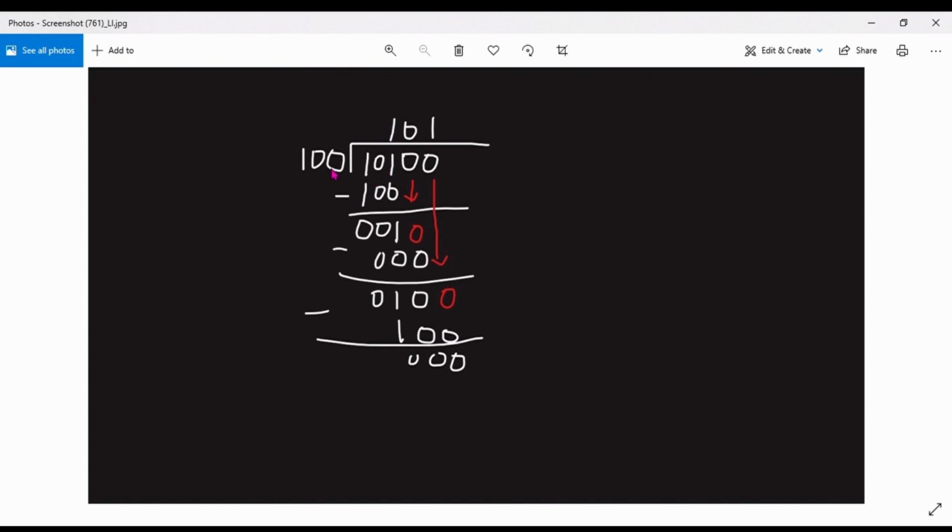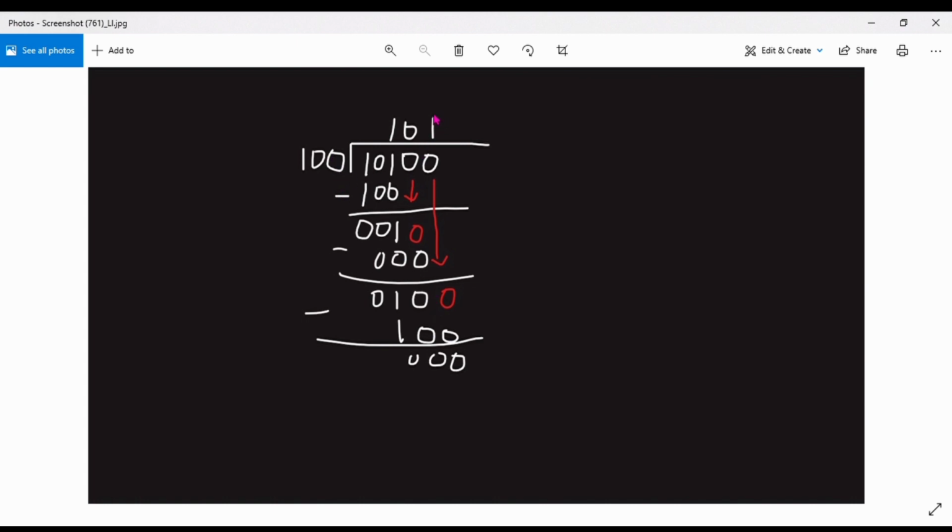So kasi malaki ang ating dividend, so 1 dito, then multiply it to 100, we have 100, and then subtract, we have 100, bring down 0, so maliit ang dividend, magiging 0 siya dito, so 0 multiply to 100, we have 000, subtract, we have 010, then bring down 0, and then equal na siya sa ating divisor.